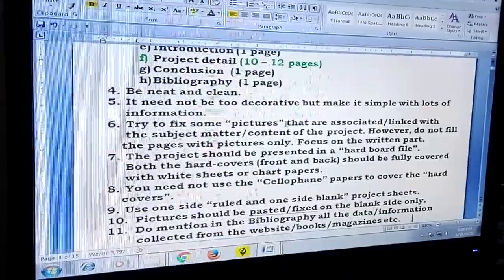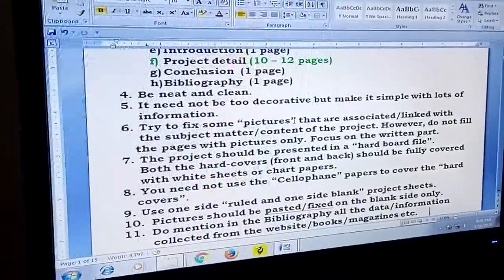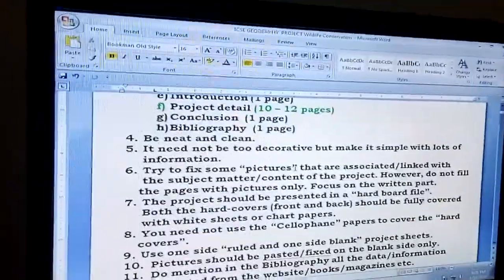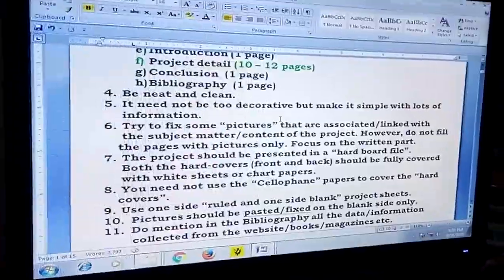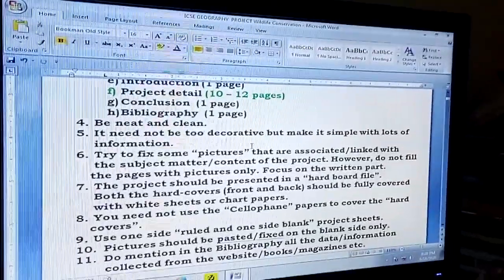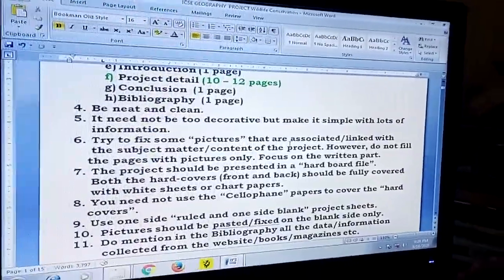Try to fix some pictures since it's a project, and choose a topic which can be very pictorial. Pick some pictures. Where do you collect those pictures? Nowadays, in the age of technology, you can get them from the net, or if you have some good magazines or newspapers, sometimes you can get very good pictures from them.